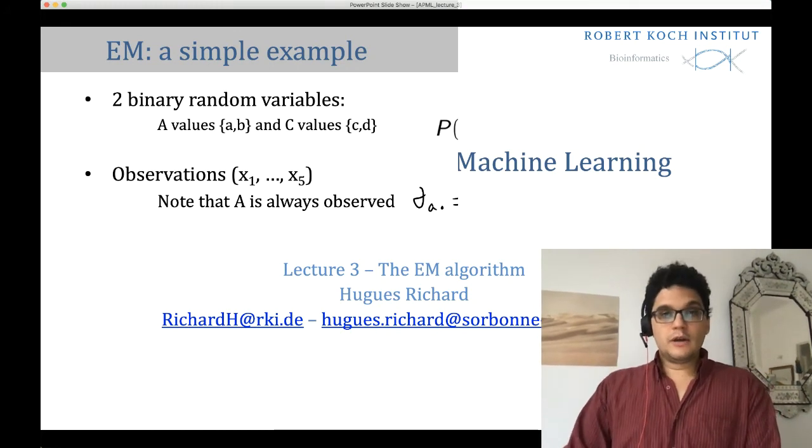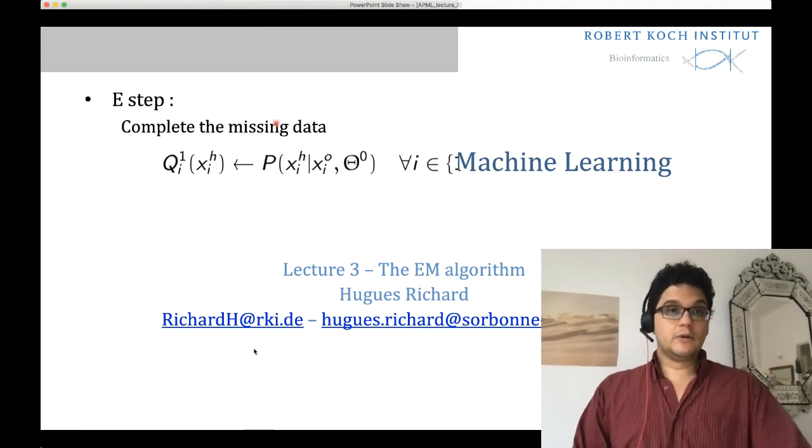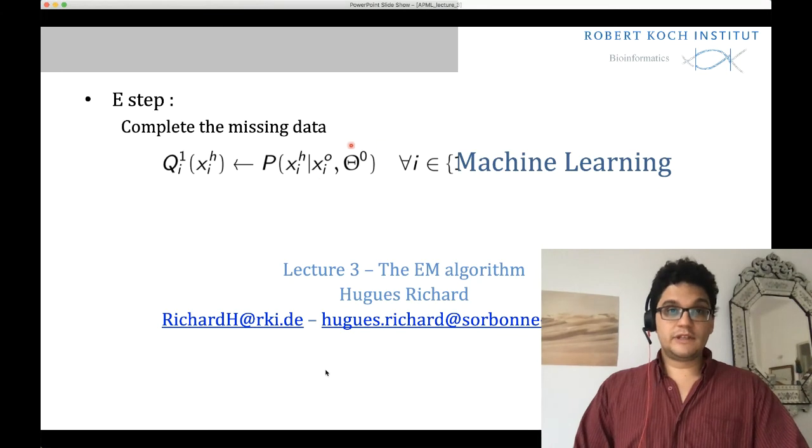So now we will perform the first iteration of the EM algorithm. So the first step is that we complete the missing data. So given our first parameter, we will compute the probability of the non-observed variable that they could take any of the possible values.